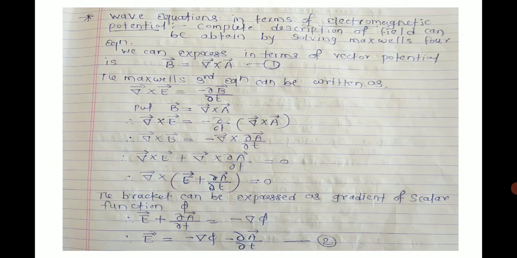Then delta A by delta T on the LHS is positive; transposing to the RHS, it becomes minus, and the equation is E is equal to minus del phi minus delta A by delta T. This is equation number 2. Equation 1 is B bar equal to del cross A, and equation 2 is E bar equal to minus del phi minus delta A by delta T.